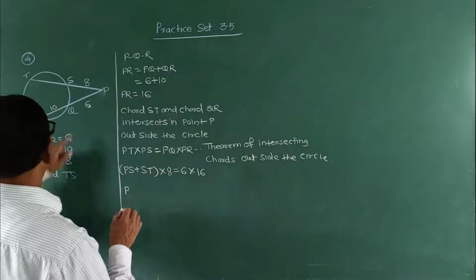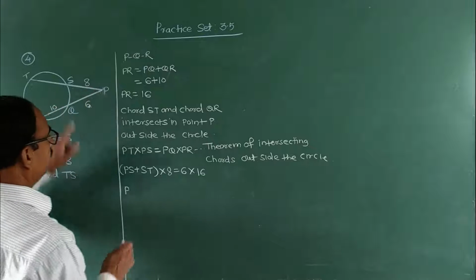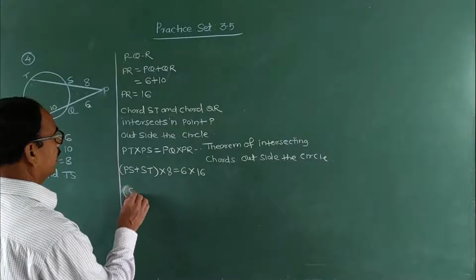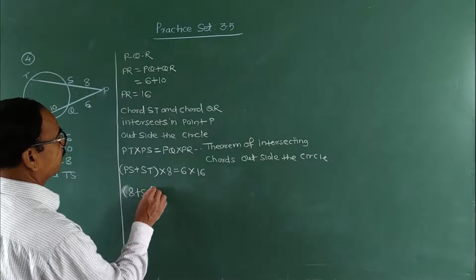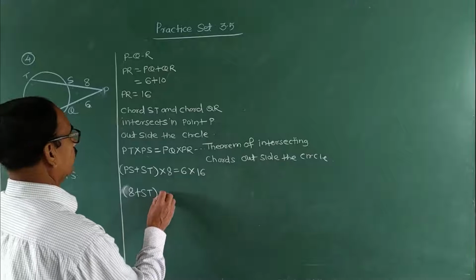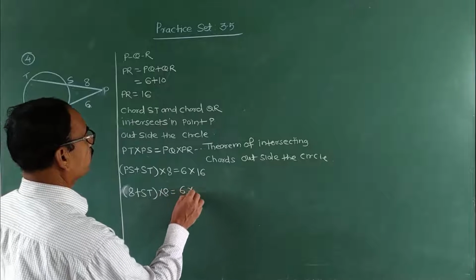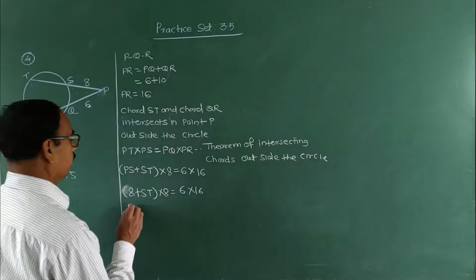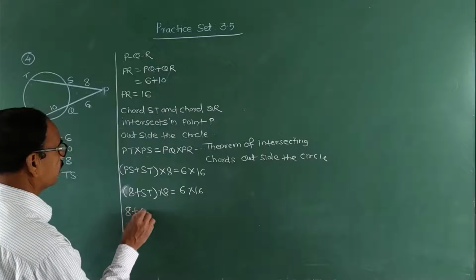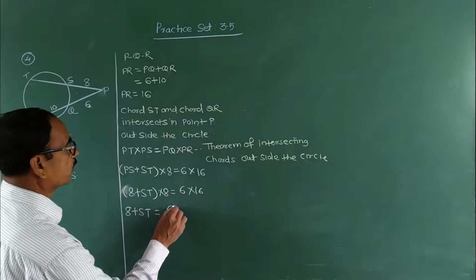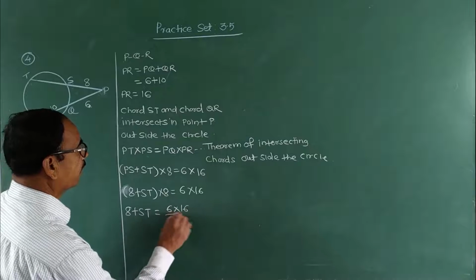Again here, (8 plus ST) into 8 will be equal to 6 into 16. So 8 plus ST will be equal to 6 into 16 divided by 8.